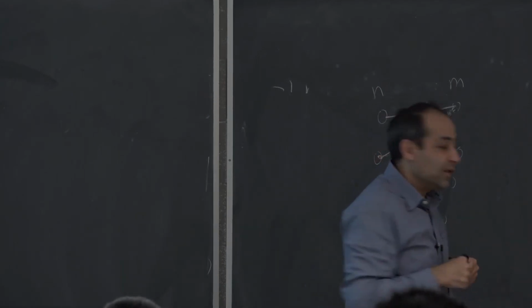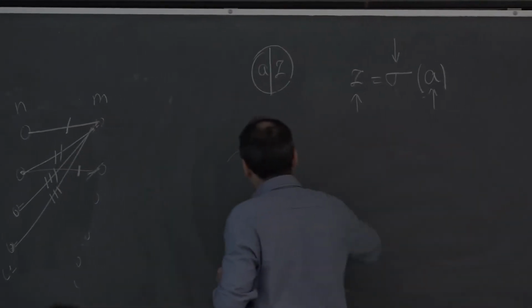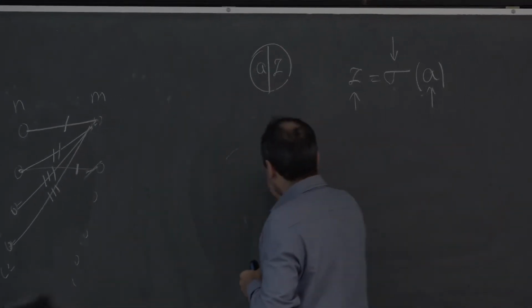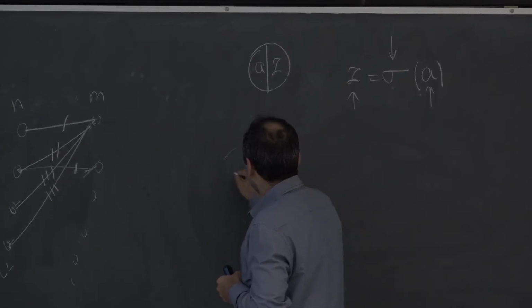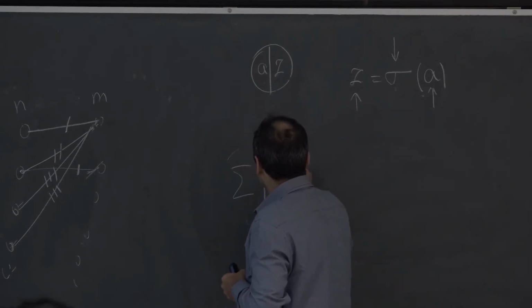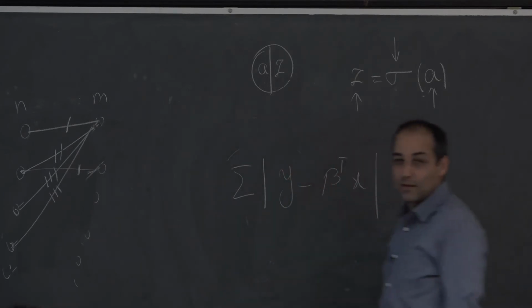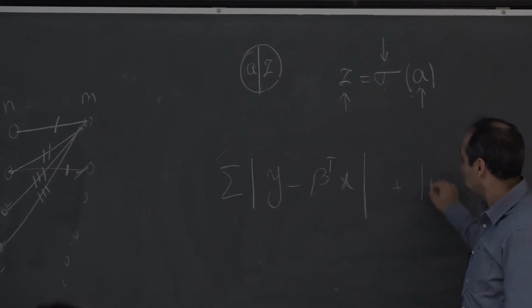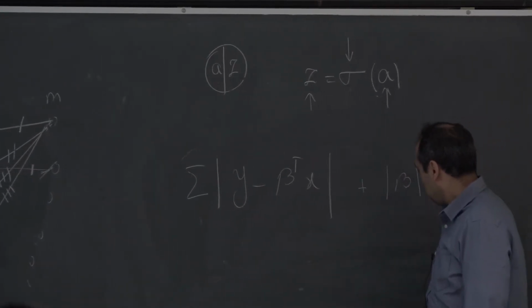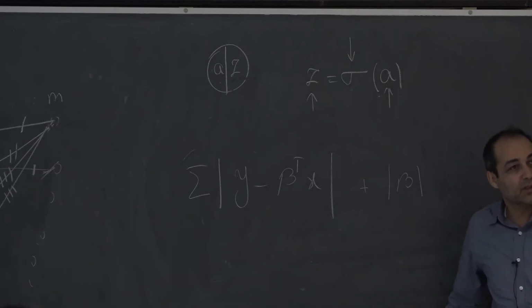You know, in regression, say I have y minus beta transpose x. We can regularize this by adding the L2 norm of beta. But I can regularize it by adding the L1 norm of beta, which makes beta sparse.